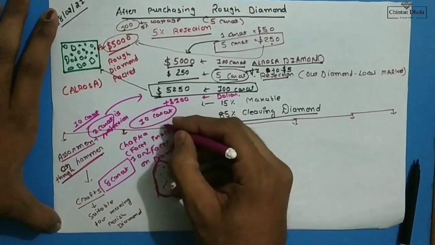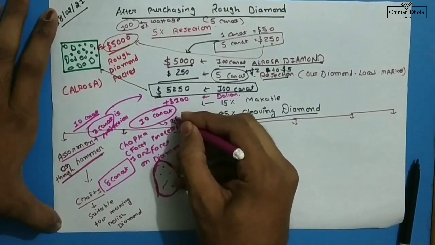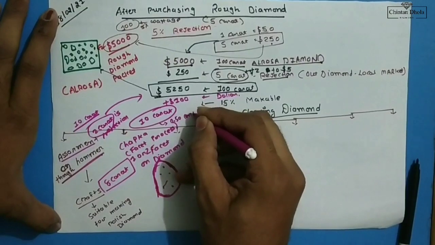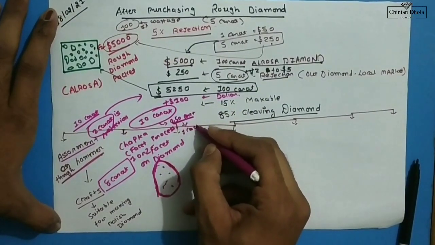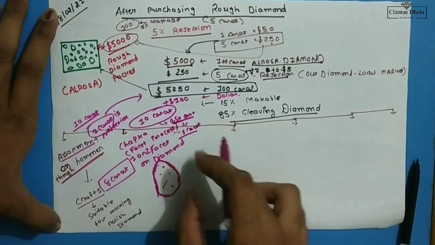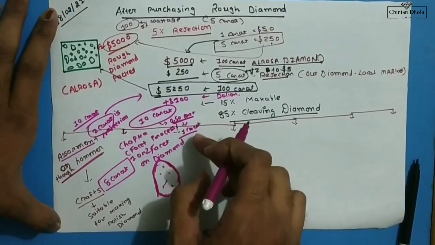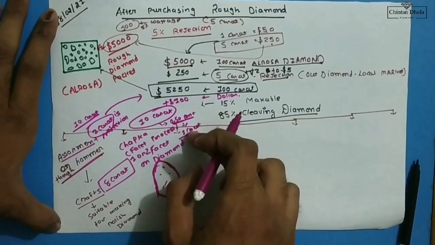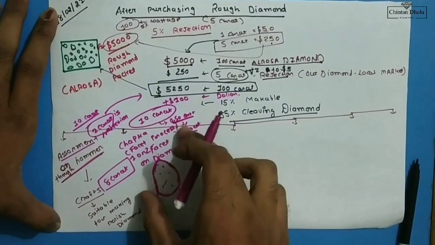So we also get a loss of about 0.50 cent, or we can also lose about 1 carat, but it depends on the size of that particular rough diamond. If the size is too small, the carat weight goes up, and the size of the diamond is bigger.